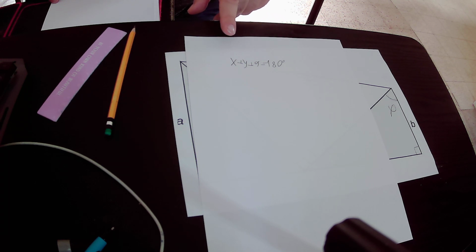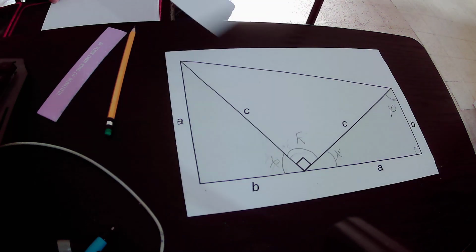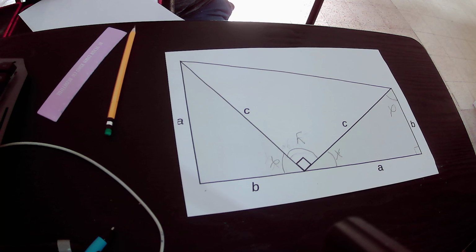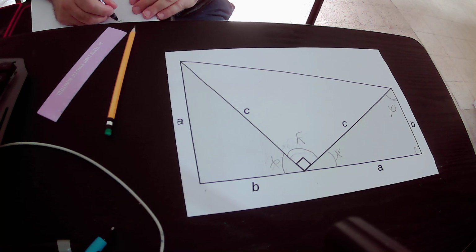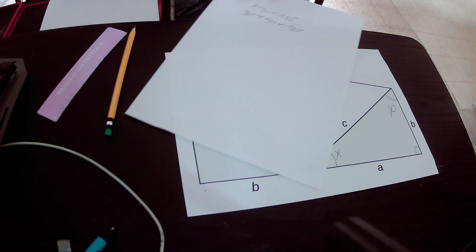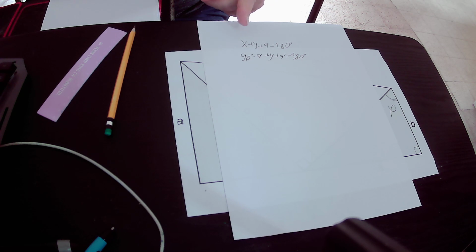But we know that x equals 90 degrees minus alpha. So we can substitute x by 90 degrees minus alpha. So we got that 90 degrees minus alpha plus y plus alpha equals 180 degrees.